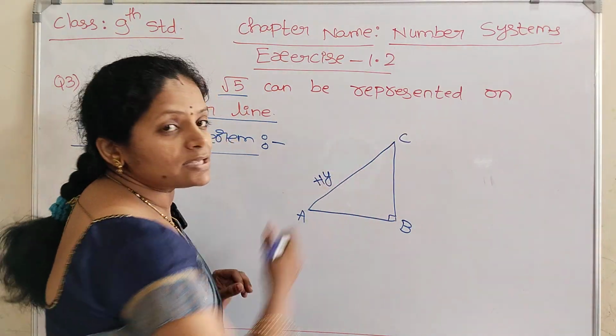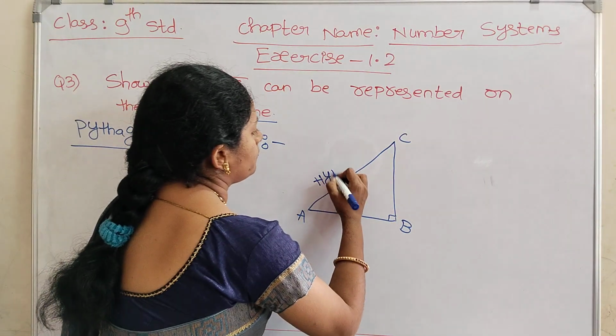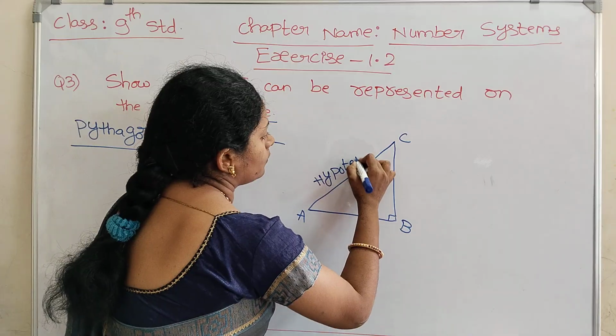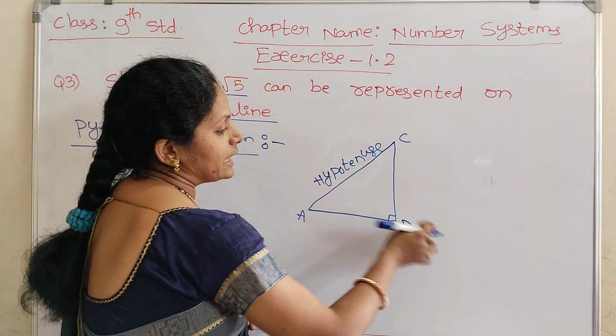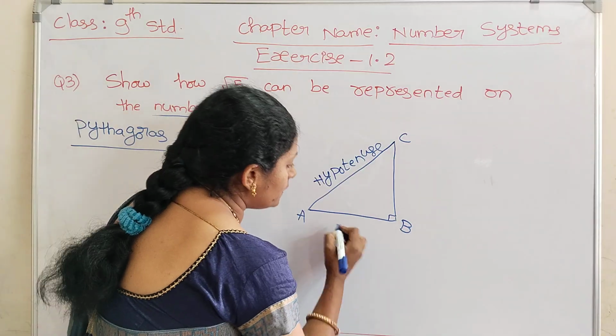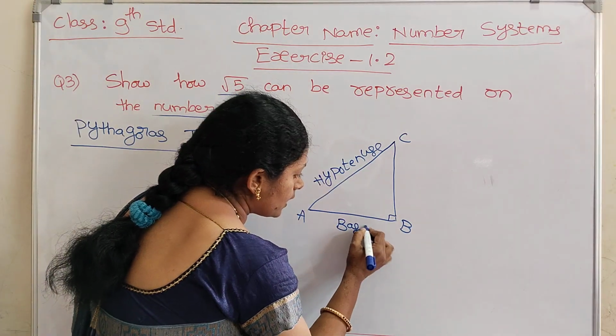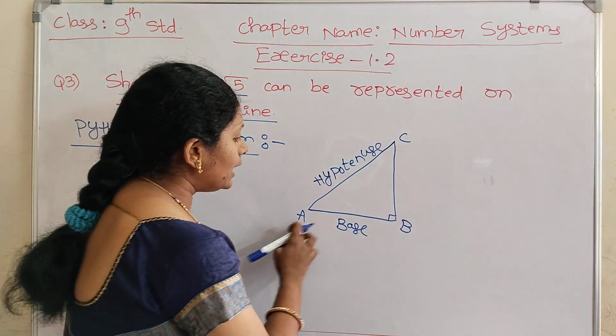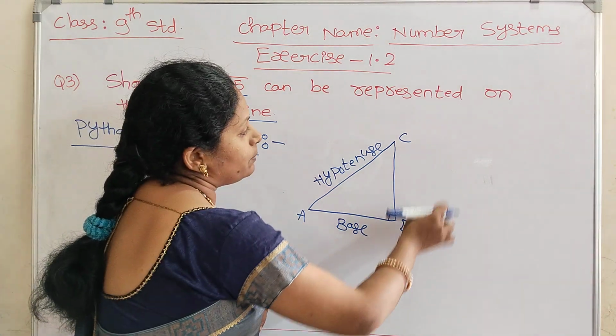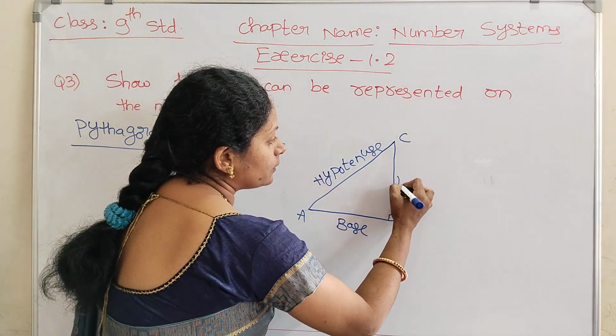AC. So AC will be the hypotenuse. The remaining two sides: one will be the base and the other will be the perpendicular. Here we have taken AB as the base and BC as the perpendicular.